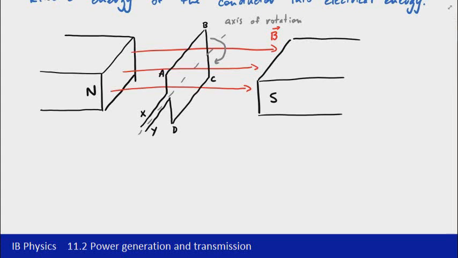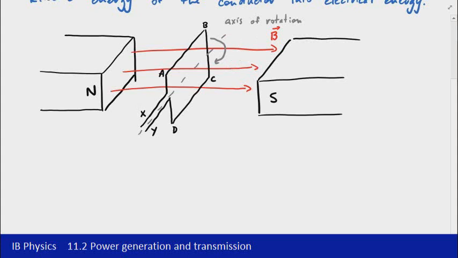In this case, the loop is rotating around the axis of rotation, so that initially AB will be coming down through the loop as it rotates around this way, and then after it's rotated halfway through one full revolution, AB will then be moving back up this way. Likewise, C and D will be doing the opposite: C and D will be moving up that way, and then coming back down the other side.